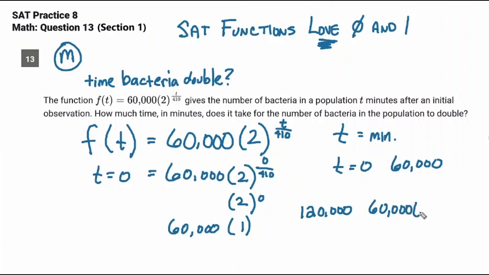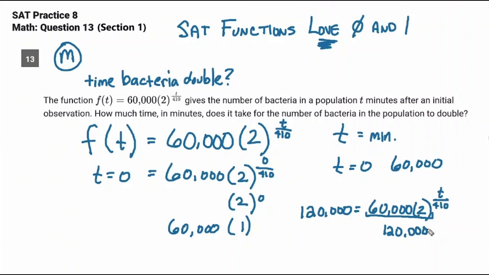60,000 times 2 to the t over 410. I want it to be 120,000. Just think about it. What's 60,000 times 2? That's 120,000, right? So what do I want t over 410 to be?